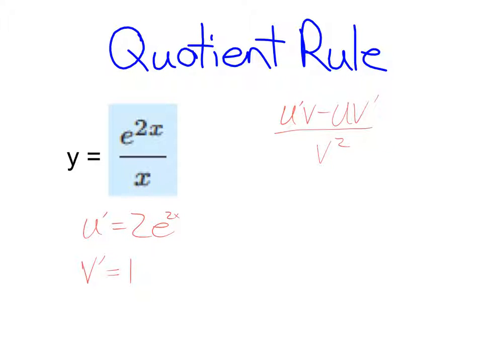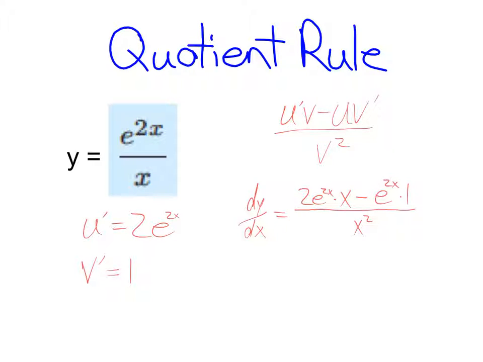Alright. So, dy dx. Again, we had the chain rule inside our quotient rule, so we're probably going to have a common factor. We've got u prime, which was 2e to the 2x, times v, minus u times v prime, all over v squared.